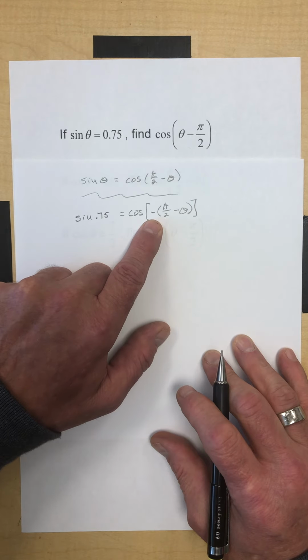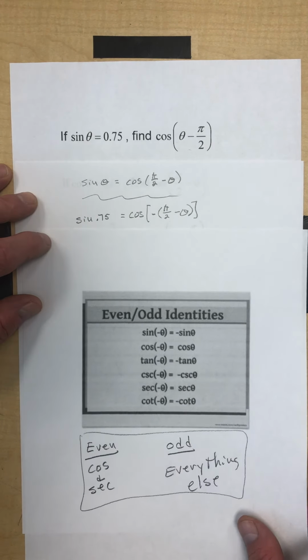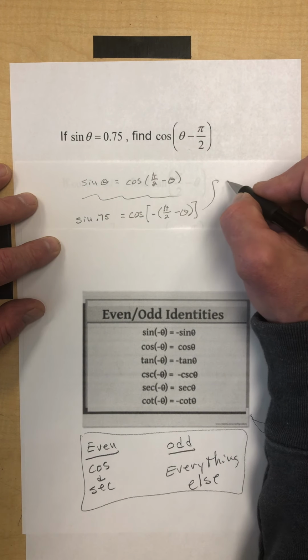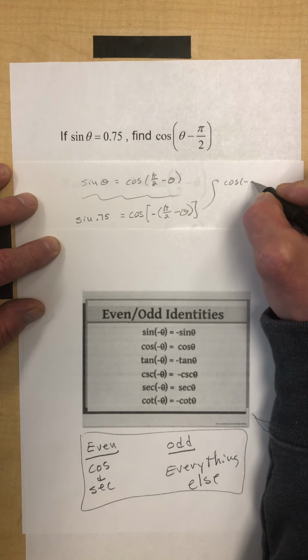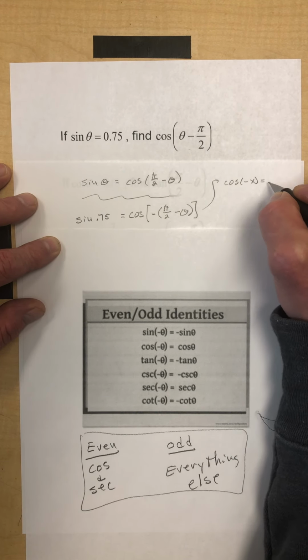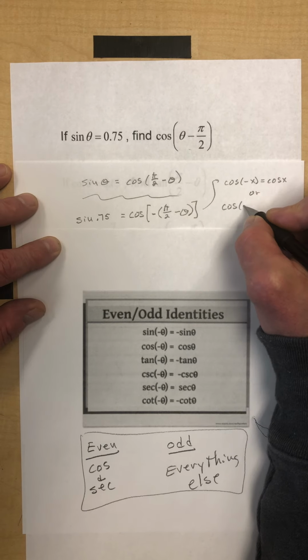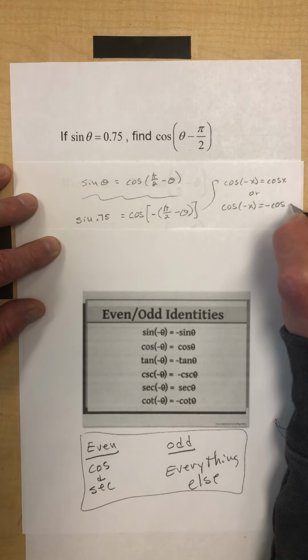Now, this negative right here takes us back to our even and odd functions, because we've got to make up our mind: is cosine of the opposite of an angle equal to cosine of that angle, or is cosine of the opposite of some angle equal to the opposite of cosine of the angle?